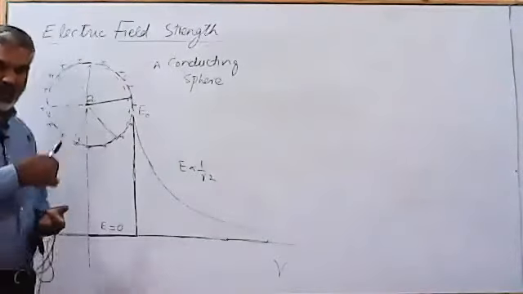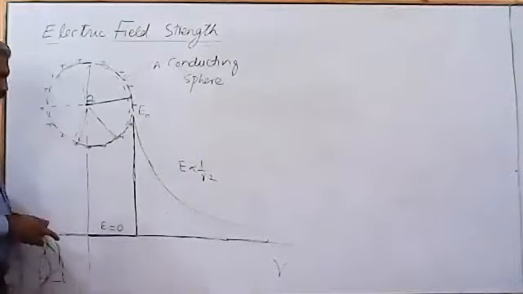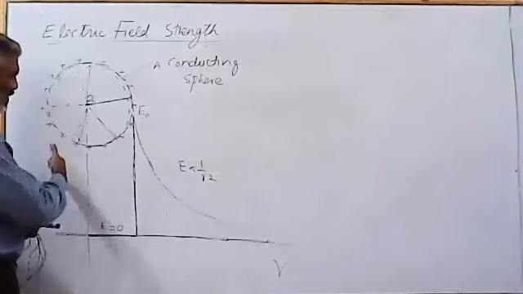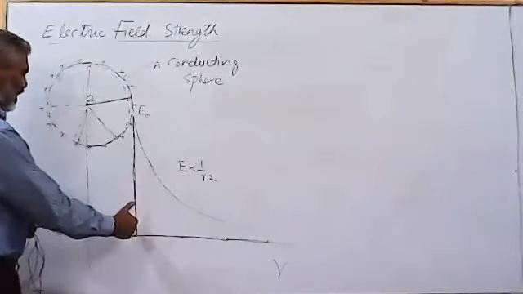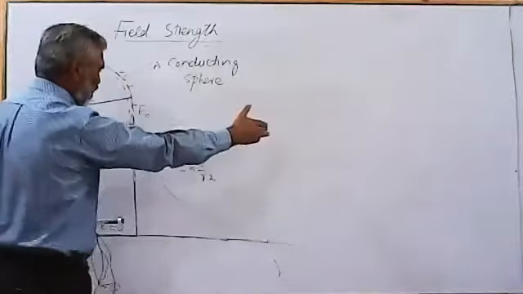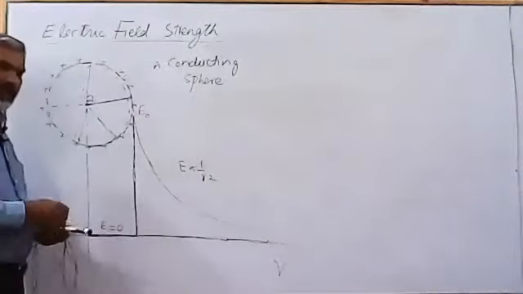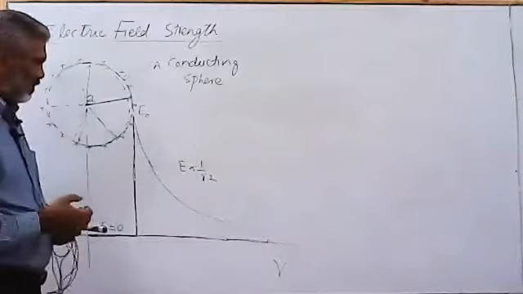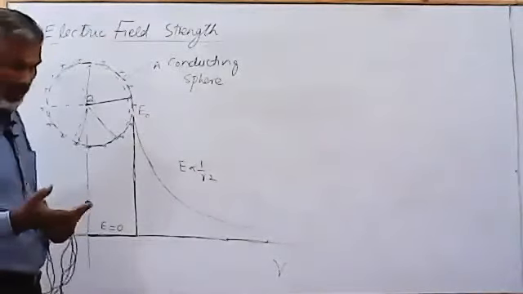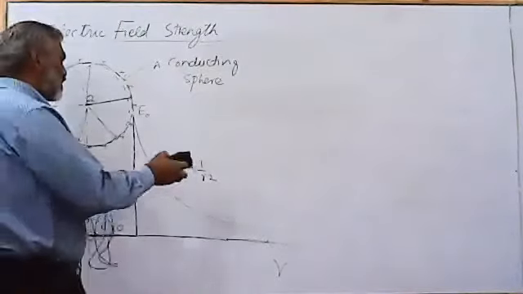So it's basically the cancellation due to which the electric field inside is always taken as 0. But as soon as you come to the surface, it rises to that maximum value. But when you move further away from the surface, it drops in this manner, like it drops in the case of a point charge anywhere in space. So this is how the electric field changes.